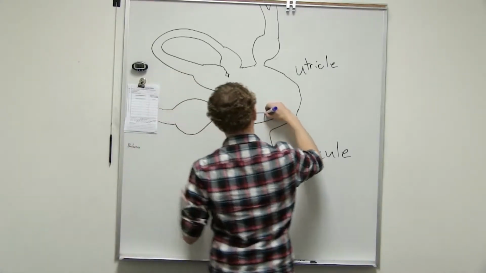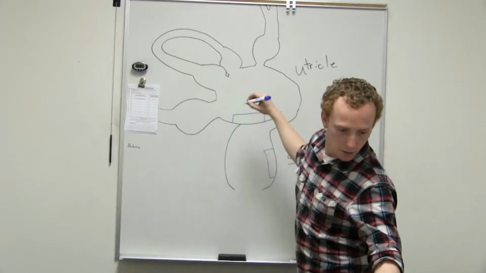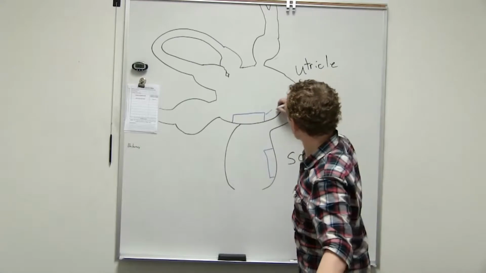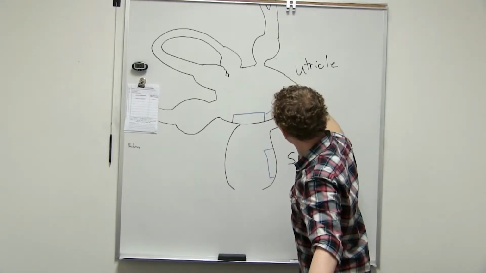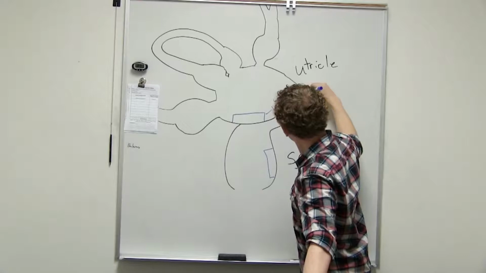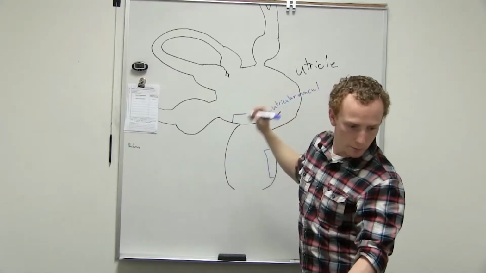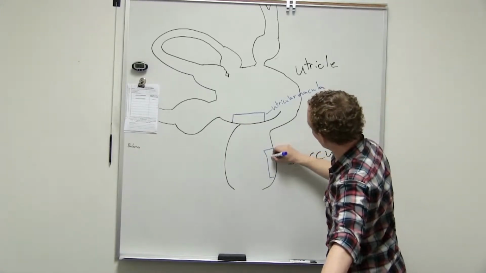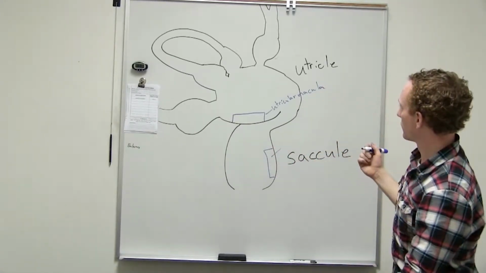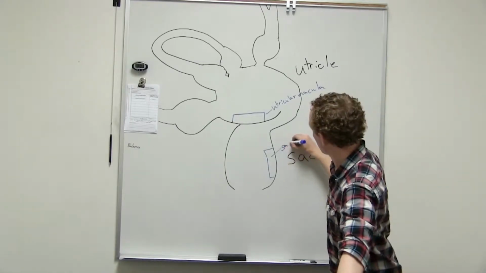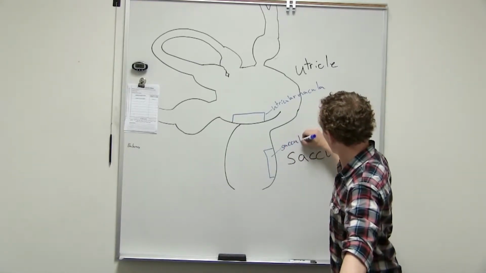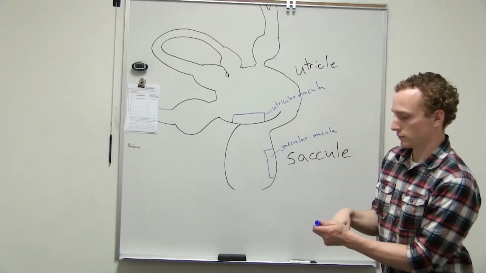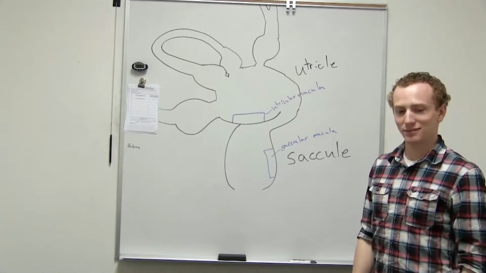This is called the macula, with the otolithic membrane. I don't spell these words often enough to remember how to spell them. What does macula mean?